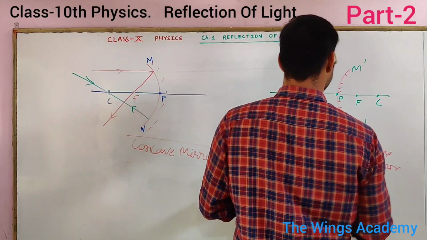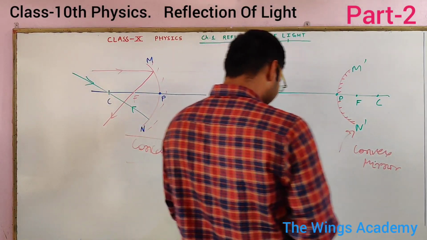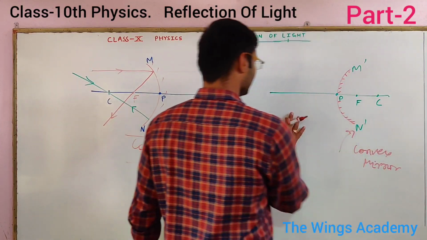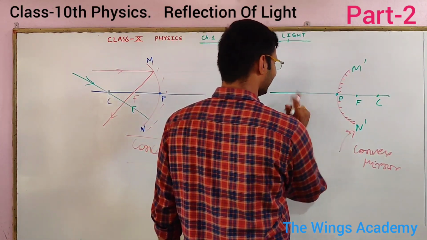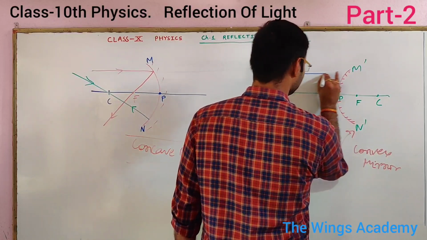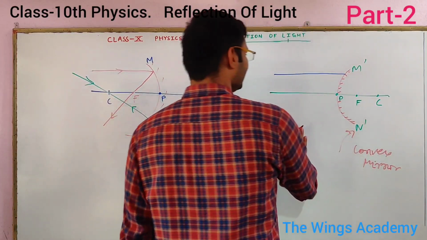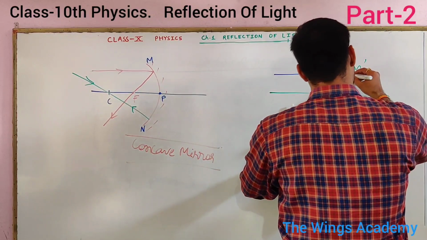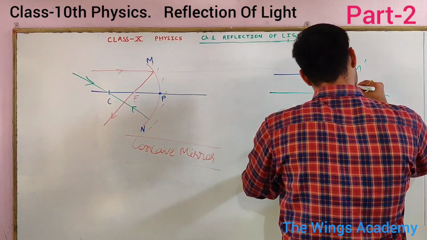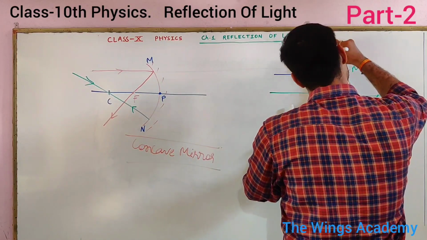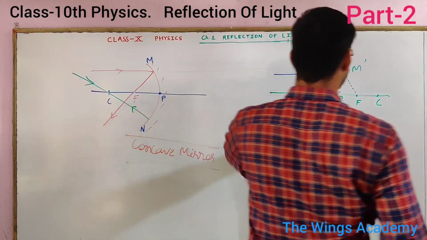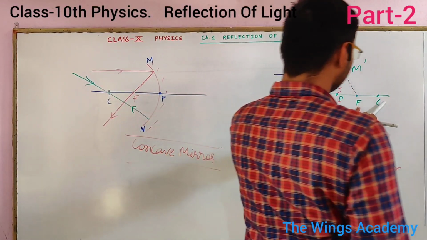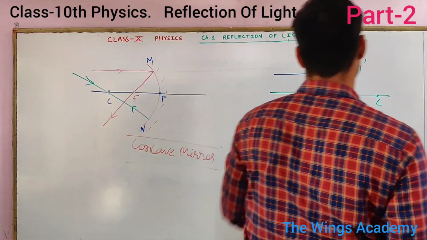If a ray is coming parallel to the central axis like this, then this ray appears to diverge from a point on the central axis which is known as the focus.